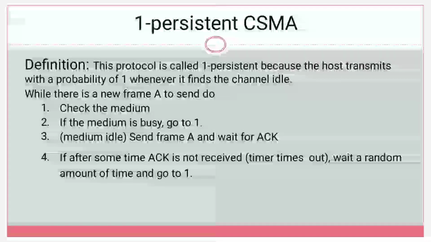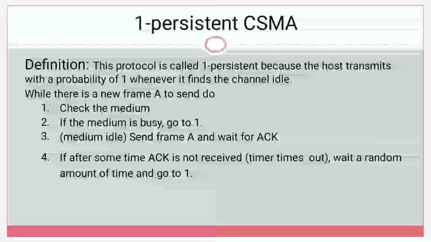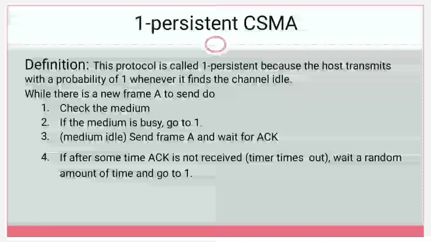If the acknowledgement is not received, then the sender waits for some time. If the timer times out, then what will it do? It waits a random amount of time and goes to step 1 again. So if the acknowledgement is not received in a stipulated time period, then it will wait for a random amount of time and go back to step 1 again.